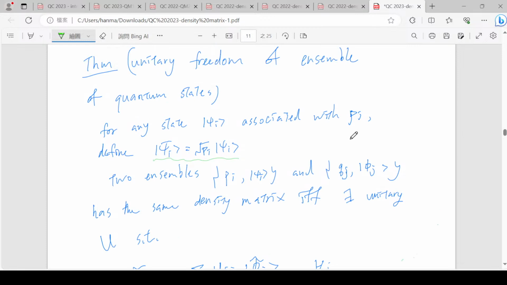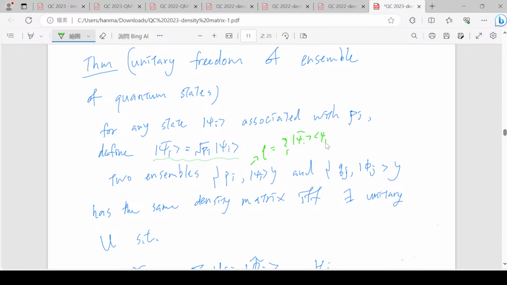That's the notation that makes describing the density matrix a little easier. We have the p and the psi here, but actually we can absorb the p into psi by defining psi tilde as square root of p_i times psi_i. The reason we do this is that the density matrix then becomes rho equal to the summation over i of the outer product of psi tilde.